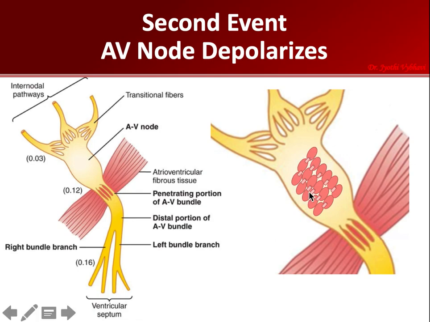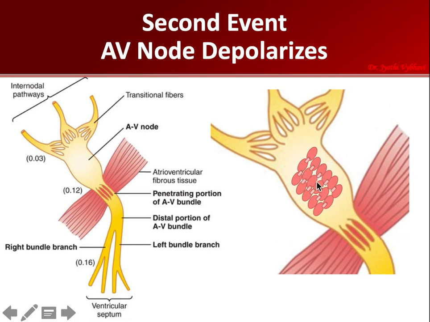First, this AV node is made up of many very small cells. The cells are aligned perpendicular to the direction from which the depolarization wave is coming, and they have fewer gap junctions.